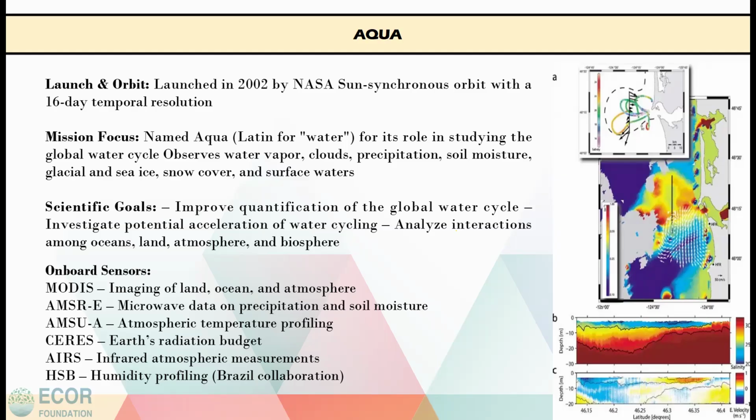We also have other sensors like AMSU-A, CERES, AIRS, and HSB. It is all very useful for each kind of oceanographic application.